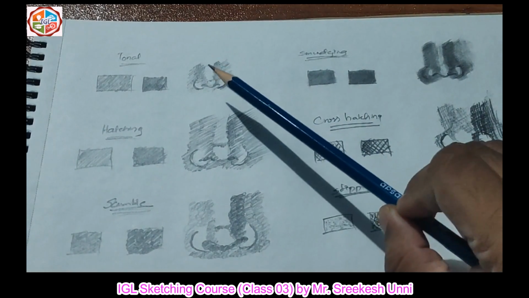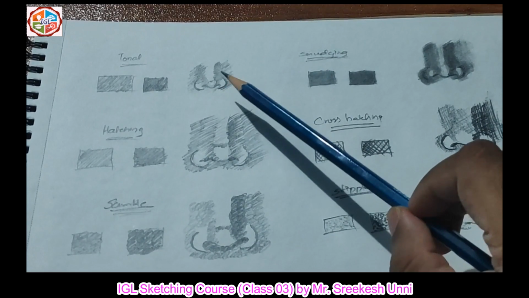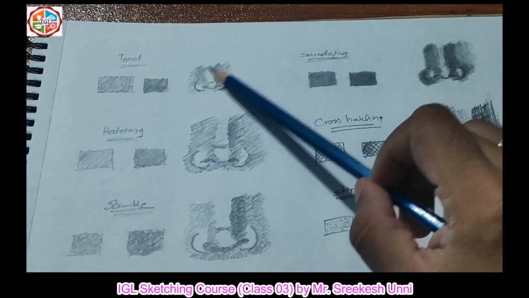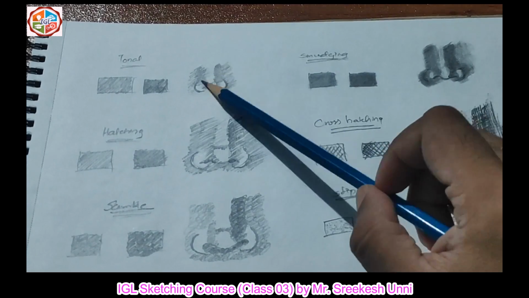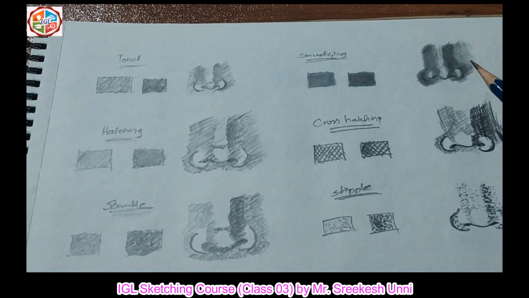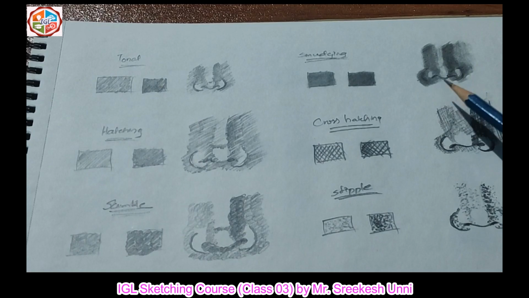So in the first technique, tonal, you see that is how the shading is done. In the second method, I've done some smudging. See, this is why I like this technique a lot. This looks more original if you go for a full portrait.